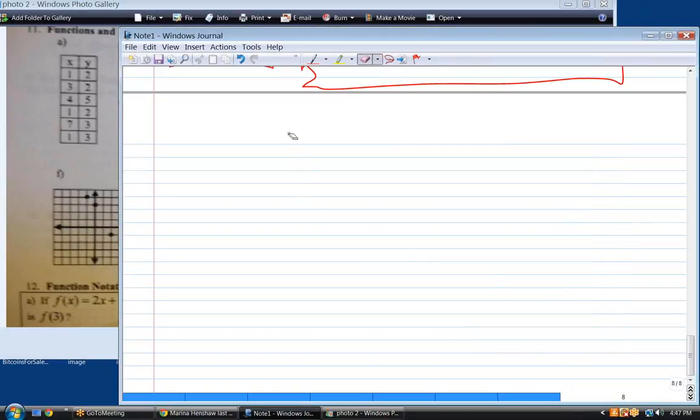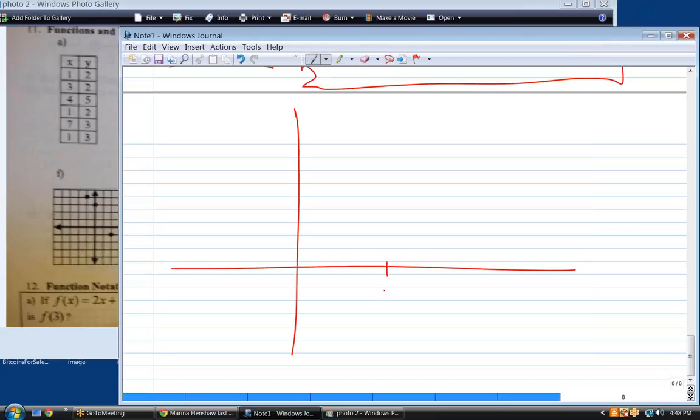Notice that we can have 3 and 7 both be equal to 10. There's 3 on the x-axis, there's 7. So 10 is up here, that's fine. That doesn't violate the vertical line rule at all.